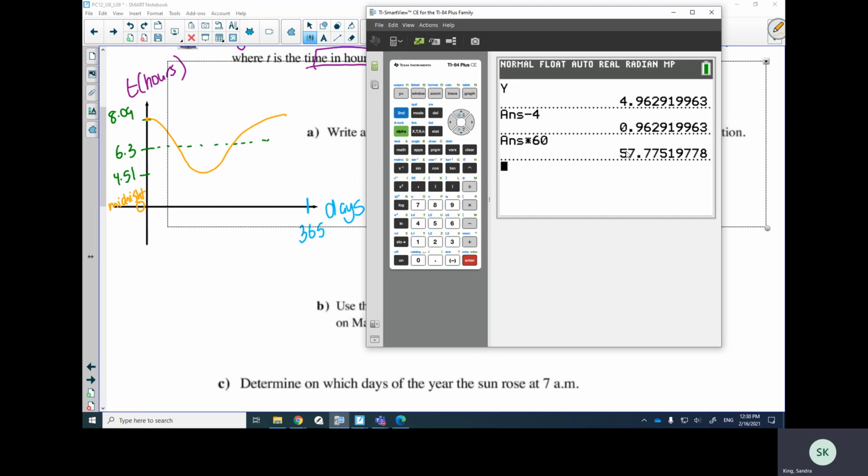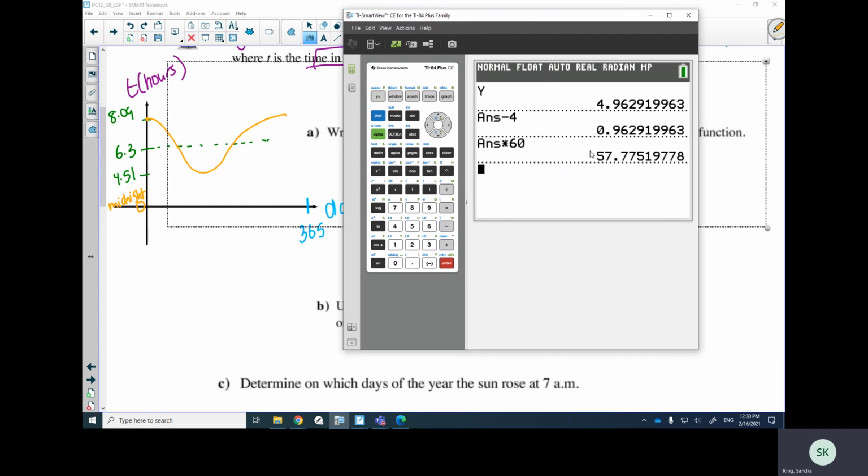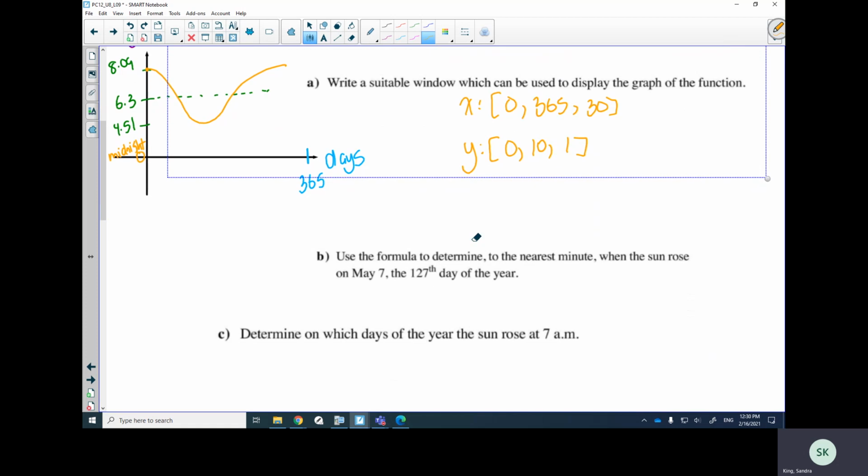So on the 127th day of the year, which just happens to be May 7th, the sun rises at 4:58 a.m. So when x is equal to 127, t is equal to 4:58 a.m.